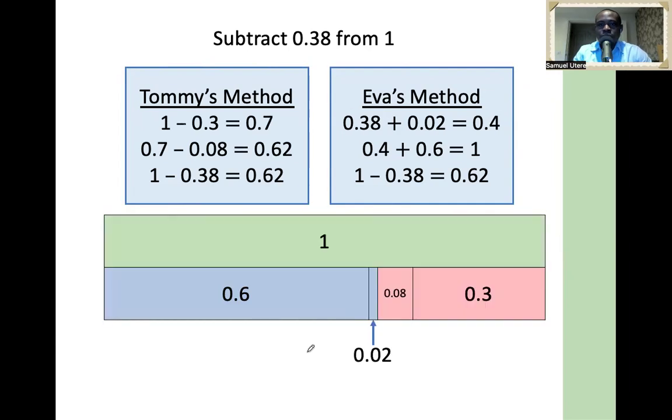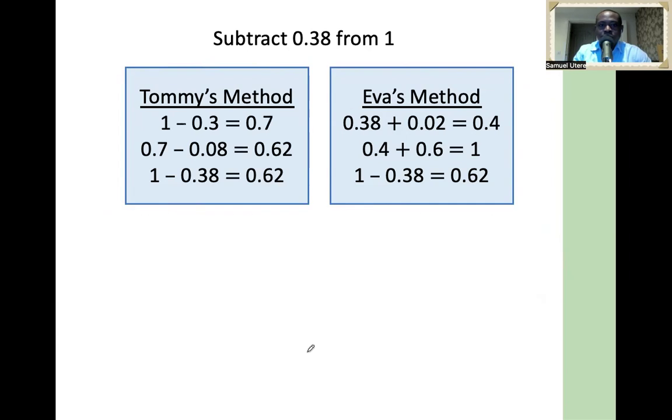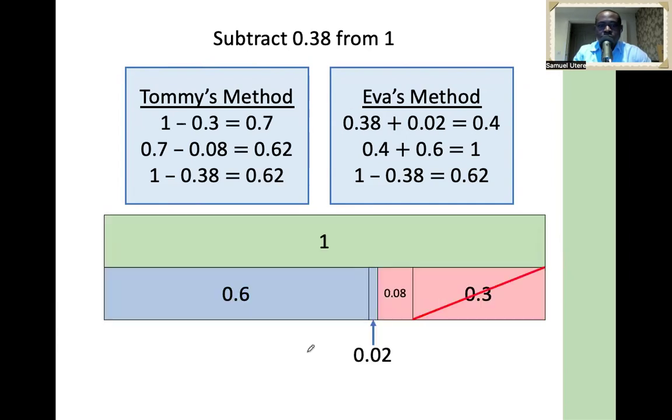Now, a way to look at it in a bar model form for Tommy's method: Tommy subtracted 0.3, but remember he was actually asked to subtract 0.38, so he is left with 0.08, and then he subtracted 0.08 from 0.7, which leaves 0.62, and now he's saying, well, 1 minus 0.38 is 0.62.